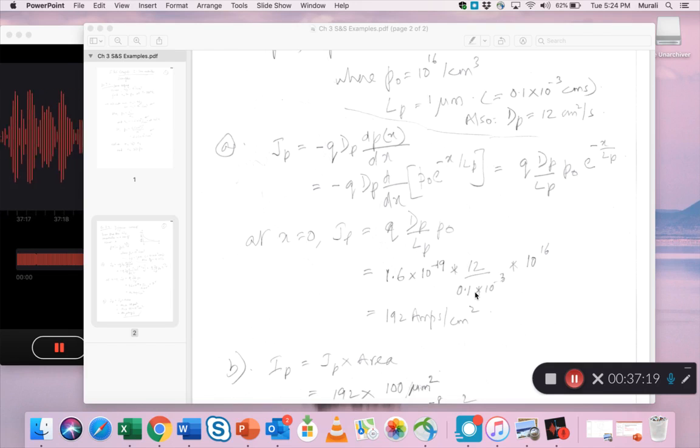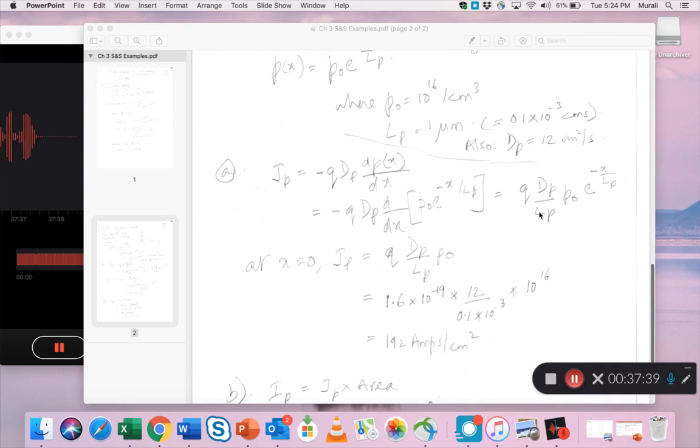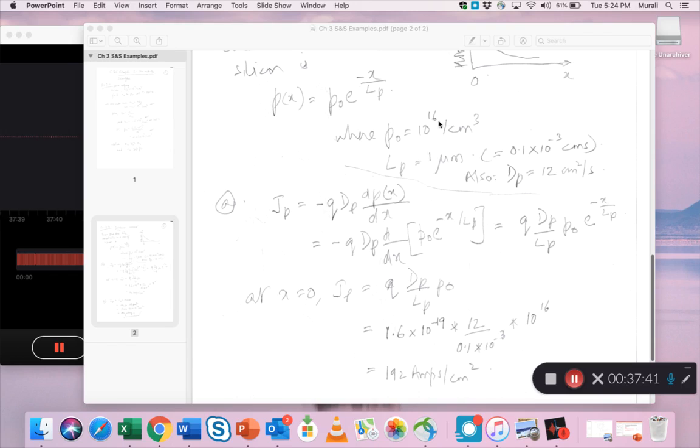Lp is given as 1 micrometer, which is 10 to the power minus 4 centimeters, so I put that here, times 10 to the power 16, which is the value of P0.